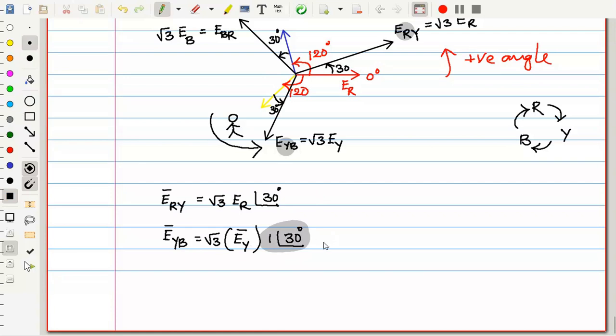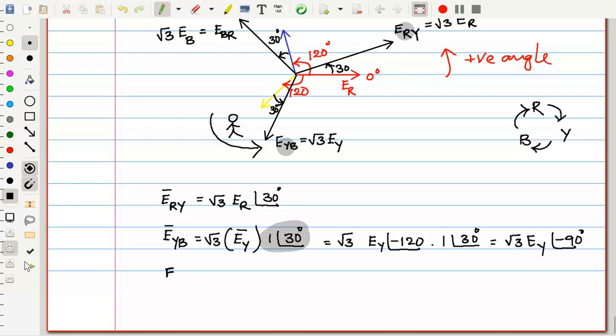Now let me put this a little further. I am giving extra information here: EY at an angle of minus 120 degrees into 1 at an angle of 30 degrees. If you multiply this, you will get root 3 EY at an angle of minus 90 degrees.